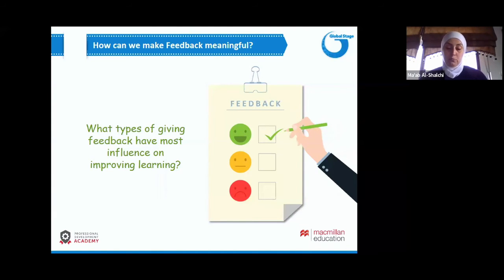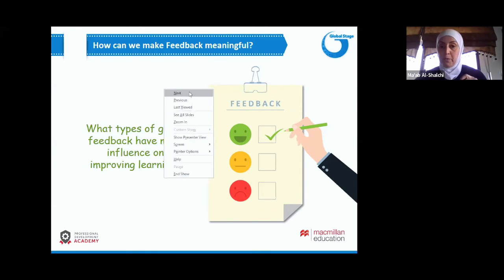And research says that it will have an extremely strong impact on learning and achievement, and can lower the number of failing students if you follow proper feedback points.